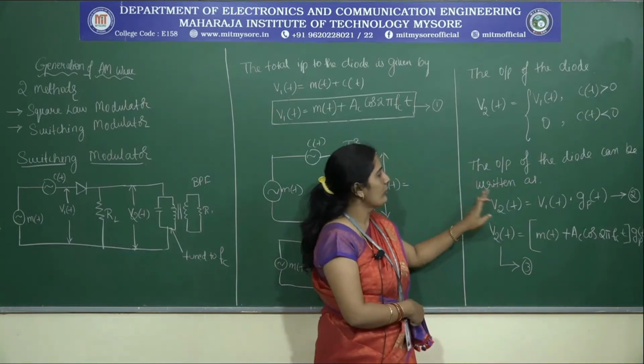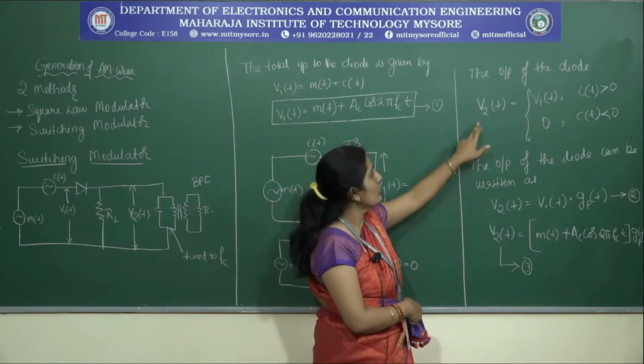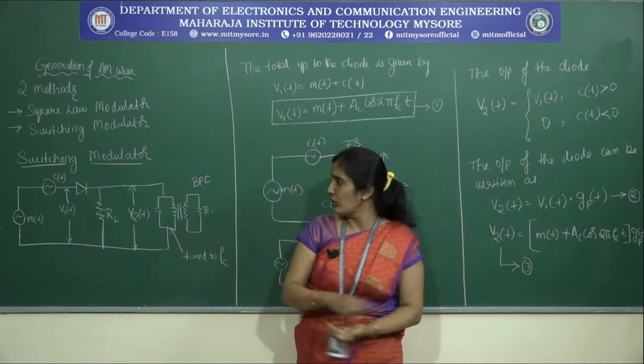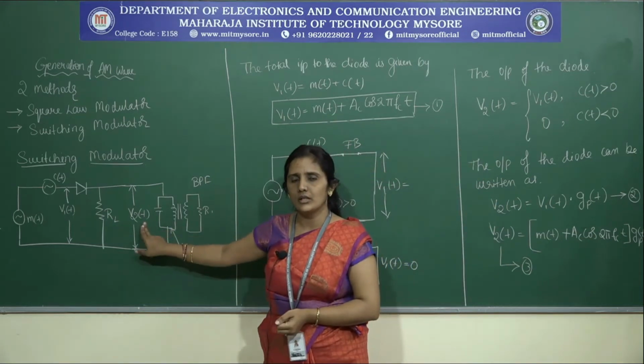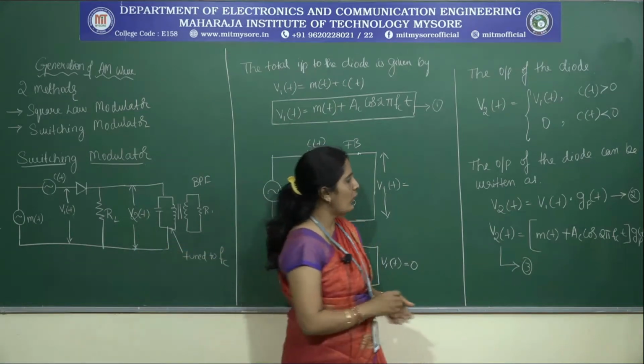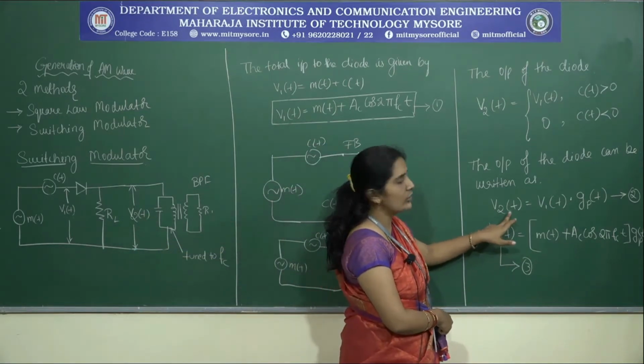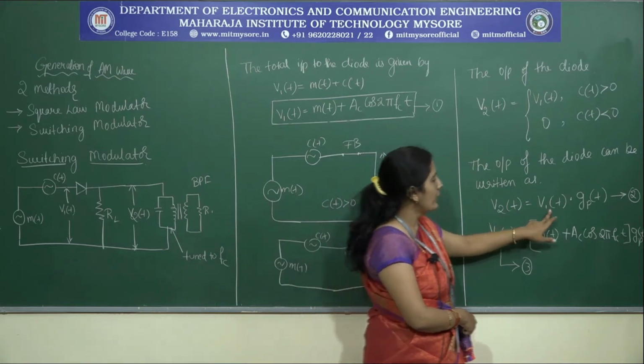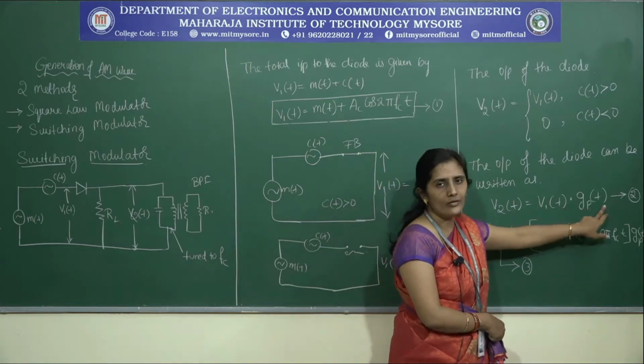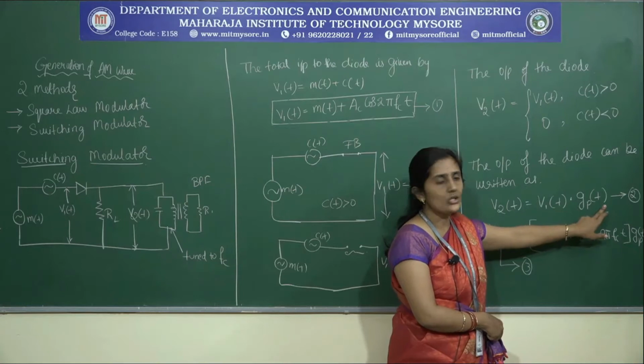This is the v2(t) across the load. So altogether v2(t) is equal to v1(t) into gp(t), where we get the square pulse.